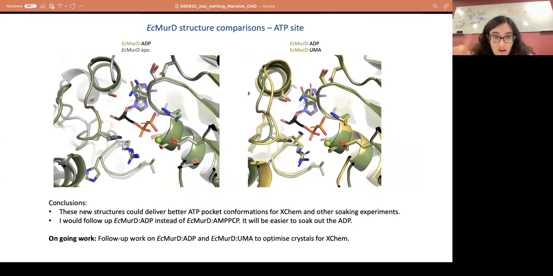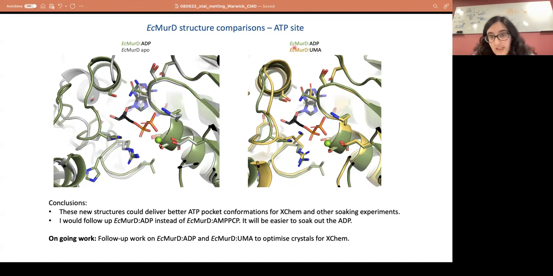Next, this is a comparison of the ATP sites. The first figure is Mur-D with ADP and Mur-D APO, the APO structures that we are obtaining from XChem and all the efforts. We can see obviously here the shift. There is a big shift that does not complete the packing of the binding site of the ATP pockets.